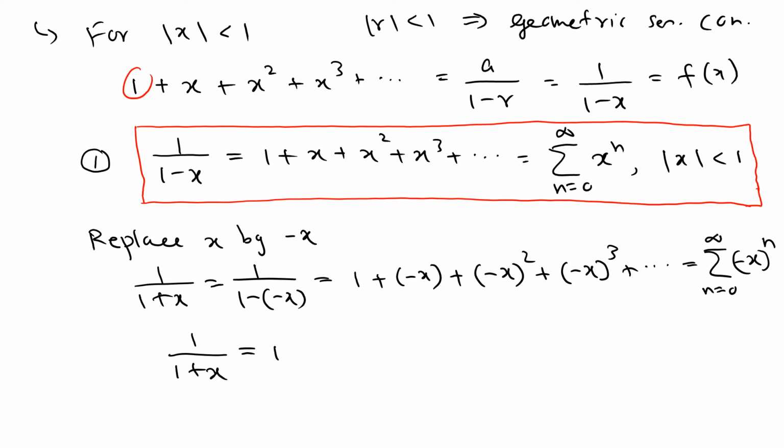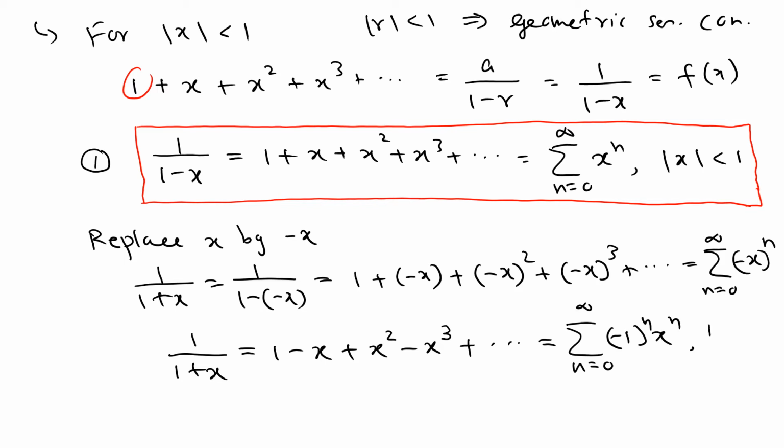Whenever you have odd power, it's going to be negative. Even power, no change. Odd power, negative, like that. So this one you can write as sigma n going from 0 to infinity, negative 1 to the n, x to the n. Interesting enough, it is also valid only for absolute x less than 1.